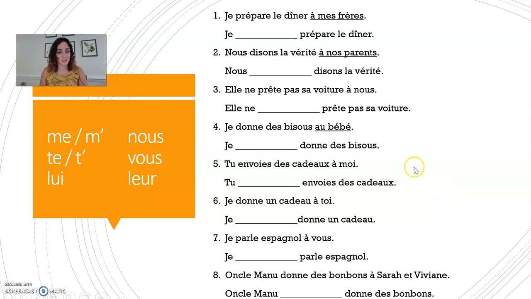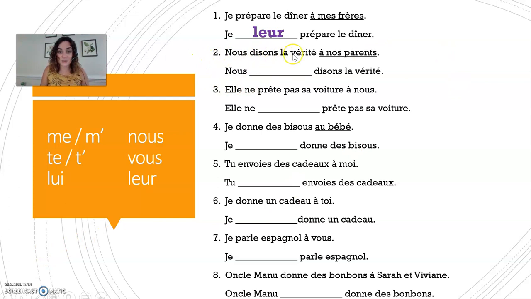So I would suggest pausing this video for a moment, looking through these example sentences and deciding, to whom am I doing this action? Which one of these six forms fits the best? For example, in number 1, je prépare le dîner à mes frères. I'm preparing dinner for my brothers. My brothers is a group of people. I'm preparing dinner for them. So the answer would be leur. Why don't you pause this video and try the rest of them?